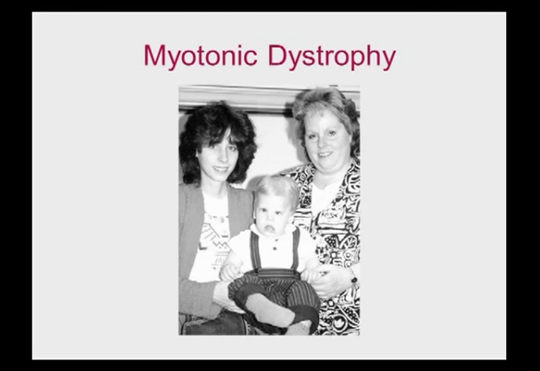Unlike in the polyglutamine diseases like Huntington's disease and many of the cerebellar ataxias, this is actually more commonly associated with maternal transmission, where you see the jump, rather than paternal transmission.